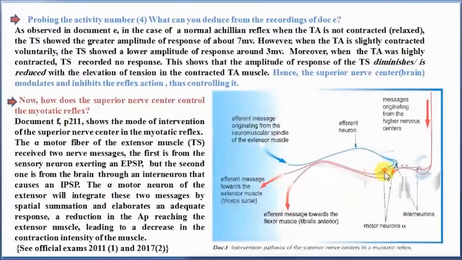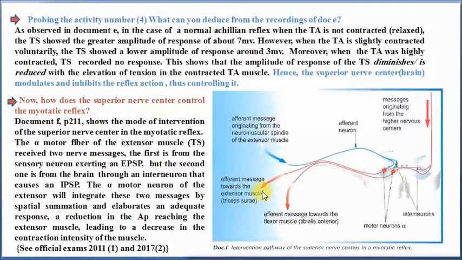As you would see, the alpha motor neuron of the triceps surae, the extensor muscle, as you would recall in the experiment, showed a lower electric activity, that is, a less force of contraction, when its antagonist, the tibialis anterior, was contracted voluntarily.